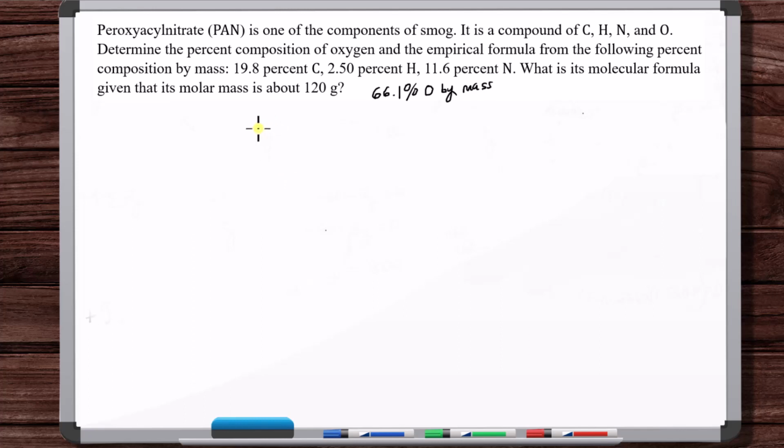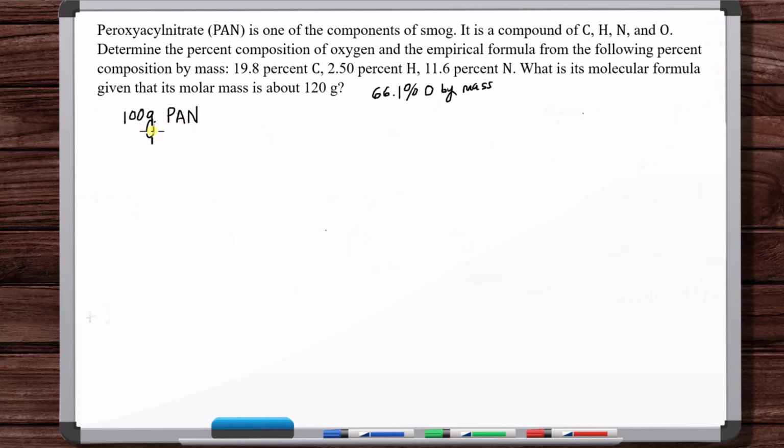Okay, so we just want to find out the atom percent, the mole percent. Since we're dealing with percents, we can assume we've got 100 grams of this substance. I'm not going to use 120. Say we've got 100 grams of this PAN. It doesn't matter what we choose. You could say, why don't we choose 120? But 100 is easier to work with.